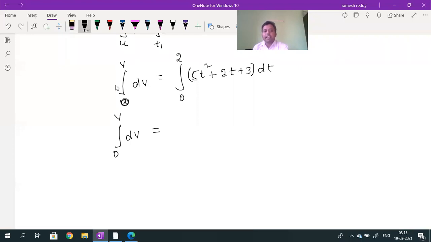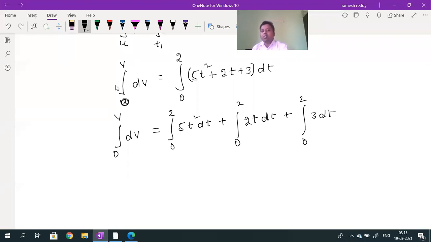Integration of dv will be equal to splitting of integration, 0 to 2, 5 into t square into dt. Understood first term. Then the second term, what comes? Integration of 0 to 2, 2 into t into dt, plus integration of 0 to 2, 3 into dt.